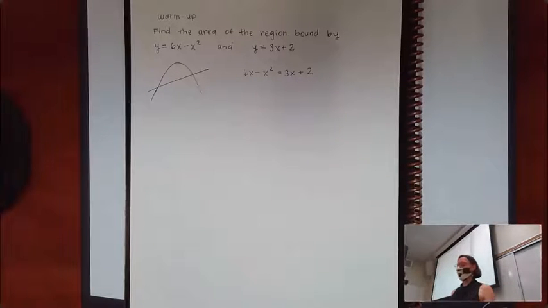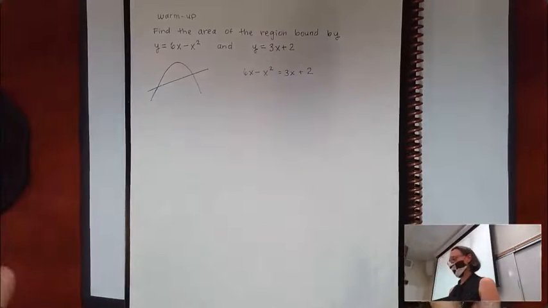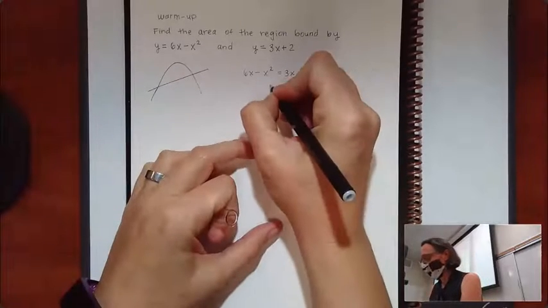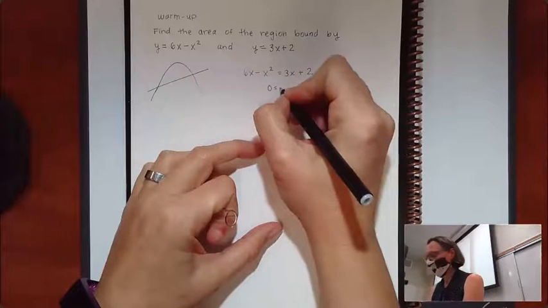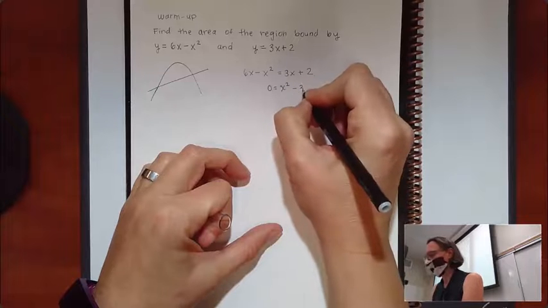I know that I need a 0 on one side or the other. And I would push everything to the right-hand side so that I don't have a minus in front of my x squared. It's also fine to do everything to the left and then deal with the minus sign. We'll have the same answer in the end. But I would get a 0 over here by adding the x squared and then subtracting the 6x.